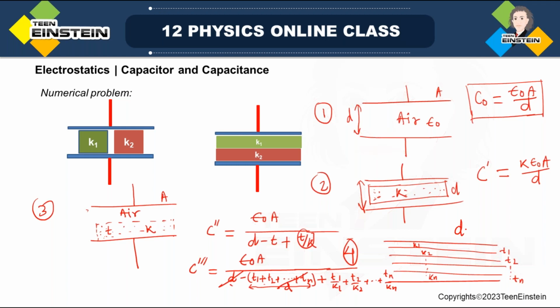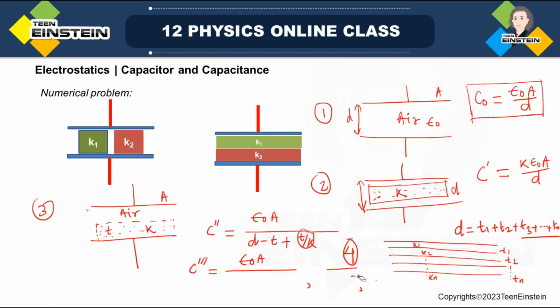Last time also we had discussed this. So D is equal to T1 plus T2 plus T3, like that it goes up to Tn. So this is the total thickness D. So this term will be totally cancelled and the other term will remain.